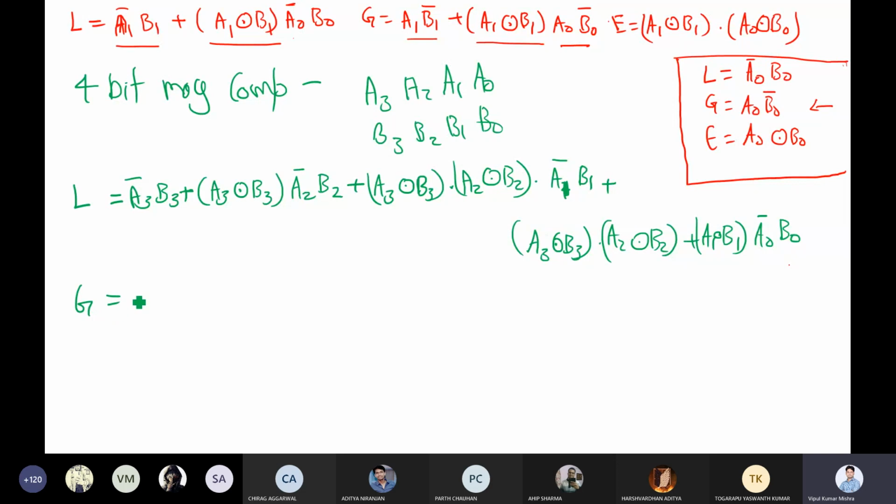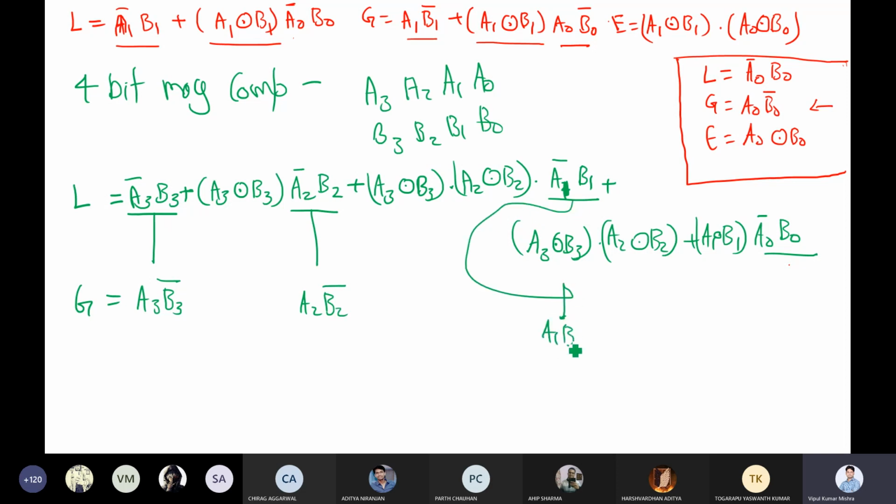Similarly, for greater than, what will it be? The bar between A3 and B3 will change, and the remaining terms will remain the same, just modified. So in this place it will become A3 B3 bar, this place will become A2 B2 bar, this place will become A1 B1 bar, and this place will become A0 B0 bar.